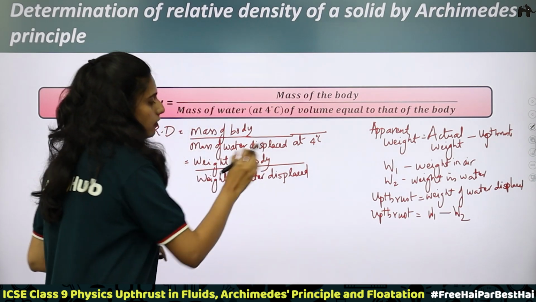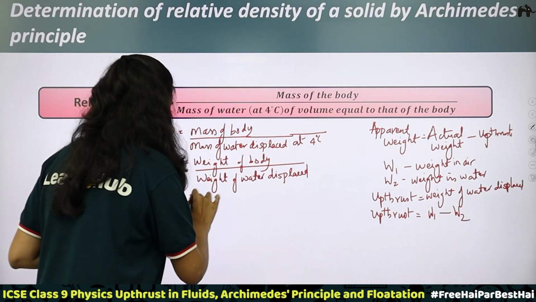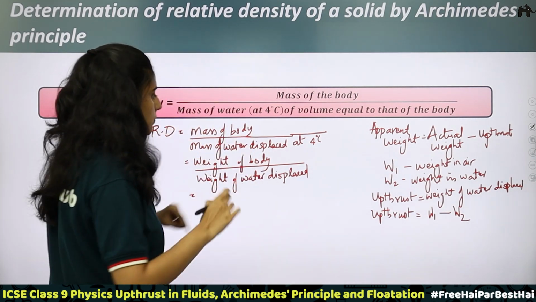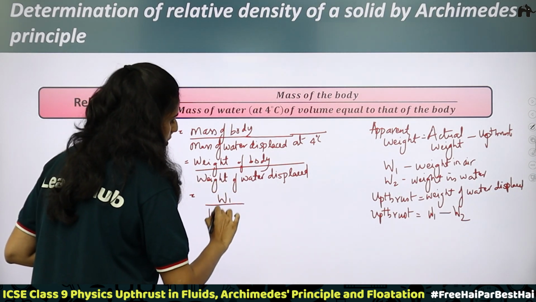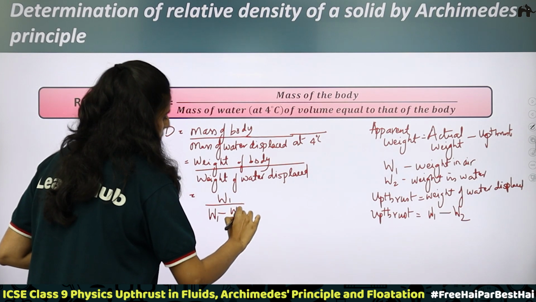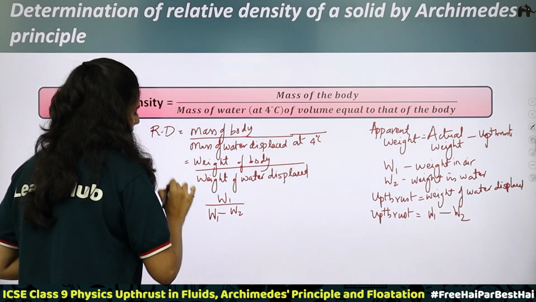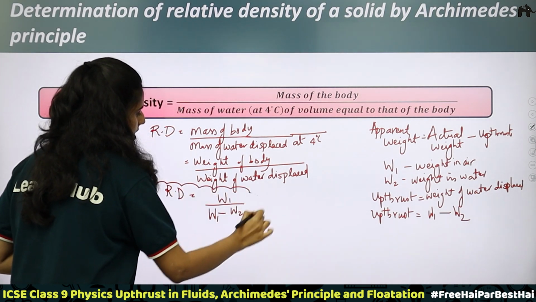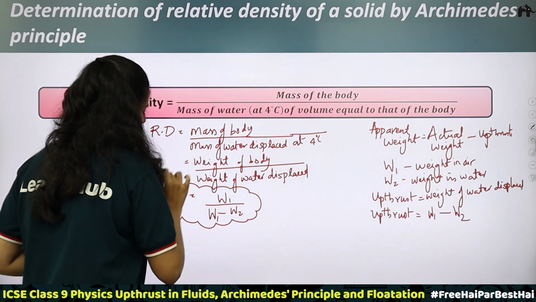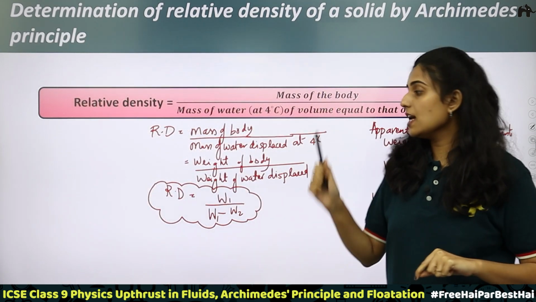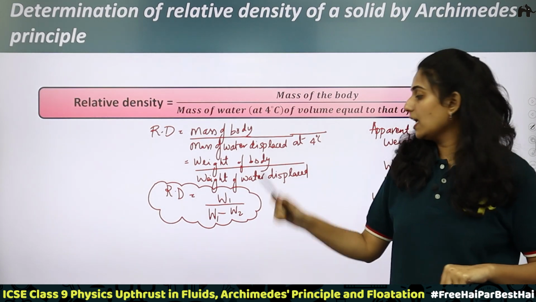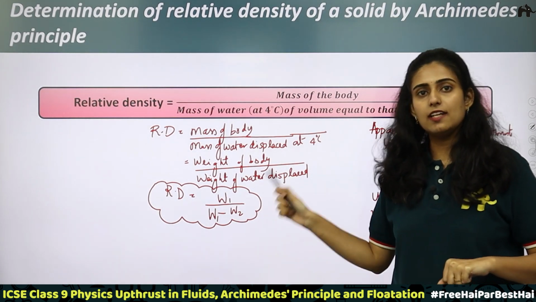The weight of the body is the weight in air, W1, divided by W1 minus W2. So this is how you can find relative density. Relative density is equal to W1 divided by W1 minus W2, where W1 is the weight of the body in air and W2 is the weight of the body in water.